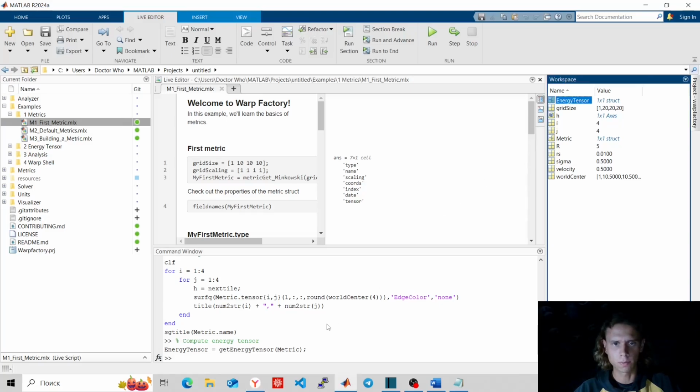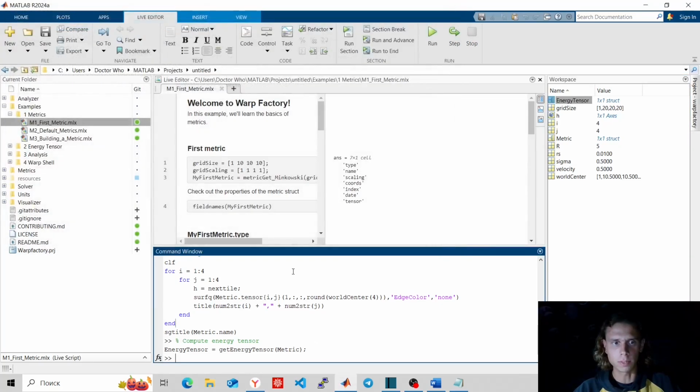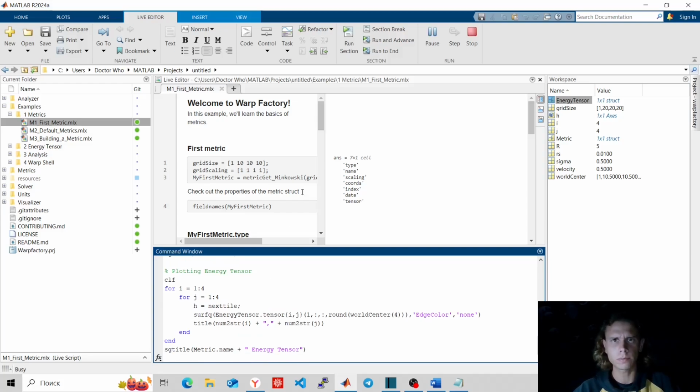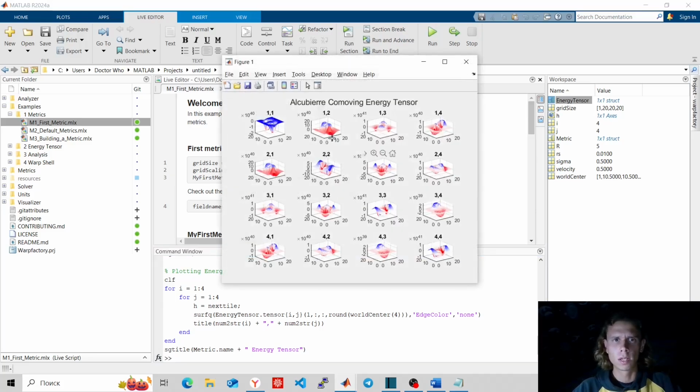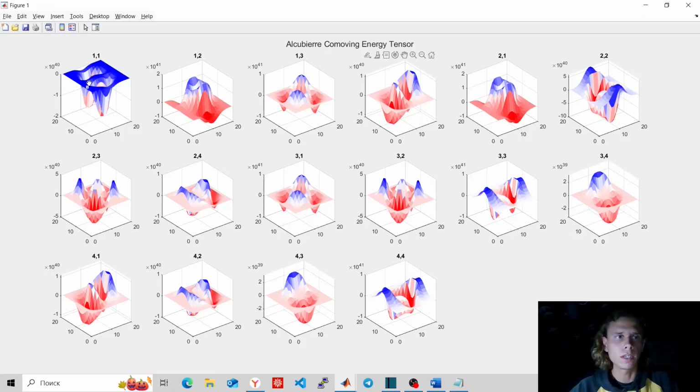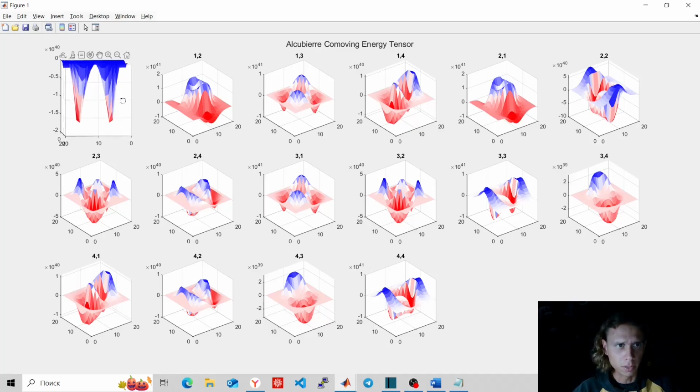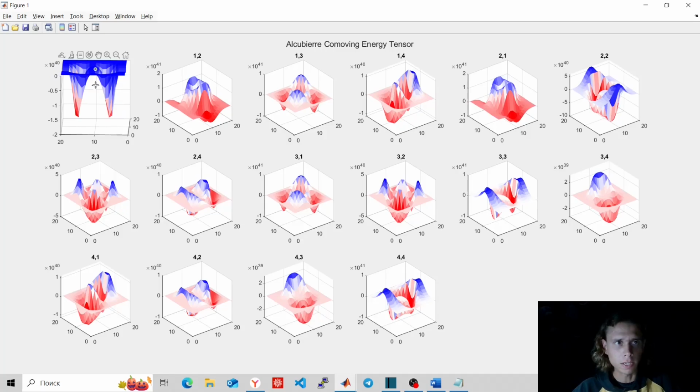I made a mistake. I do this. And as you can see, here are the different components of my stress energy tensor. This is the 0, 0 component, which is responsible for mass energy density. This is actually the picture which I showed you before.